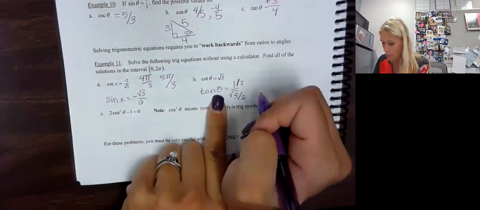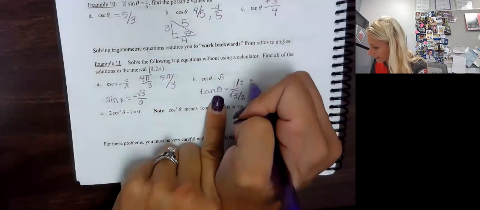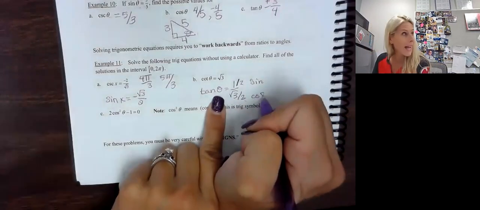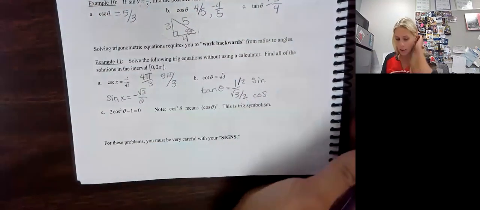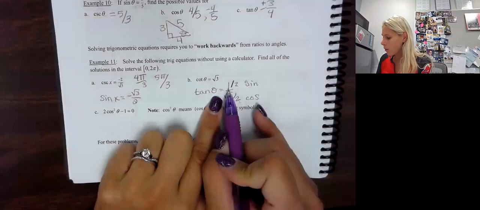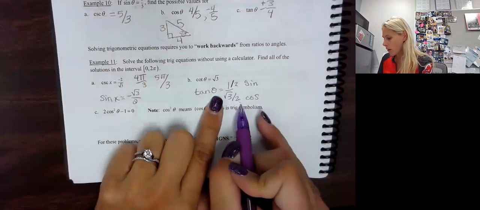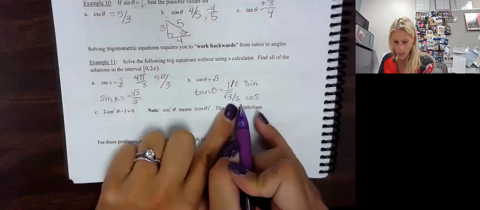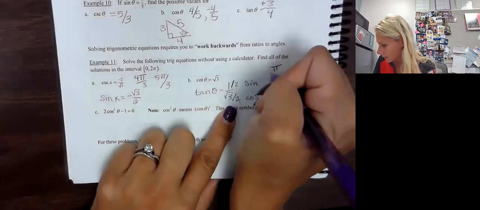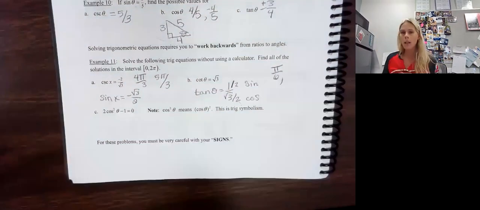And if you remember, tangent is sine over cosine. So find out where you are on your unit circle, where sine is 1/2 and cosine is square root of 3 over 2. Now, of course, right away you can see that we have pi over 6. Okay? Here's the other thing.